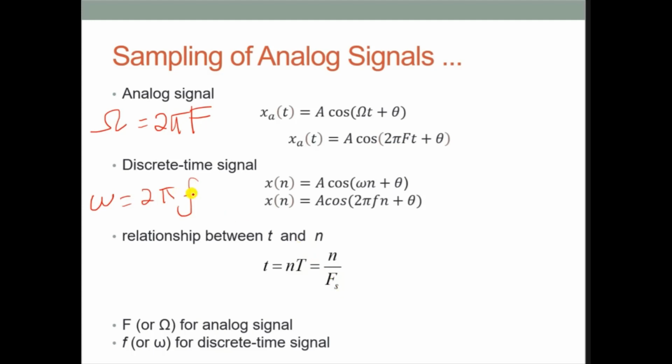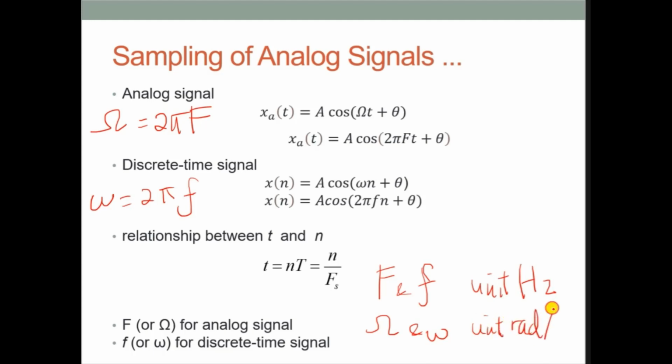As I have mentioned earlier, the unit of F and f is hertz, and for capital Ω and small ω, the unit is radian per second.